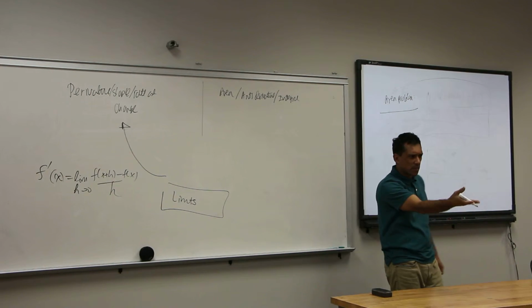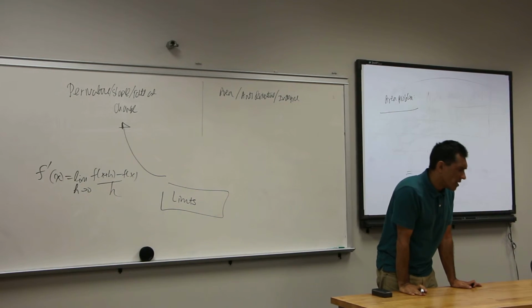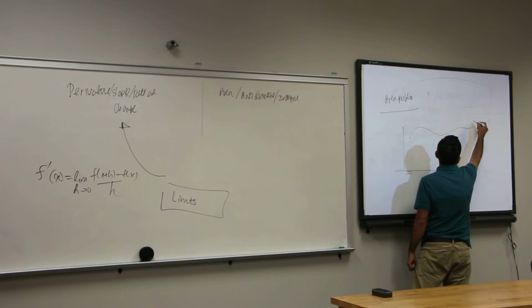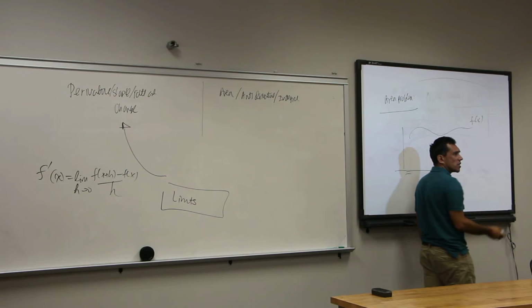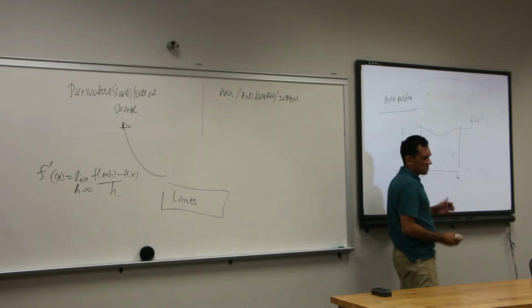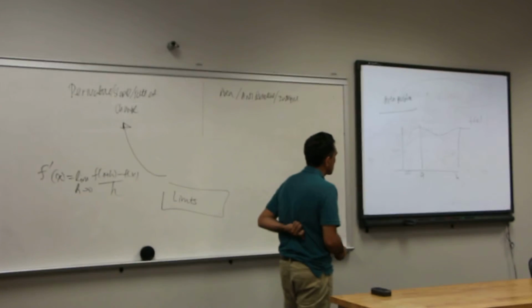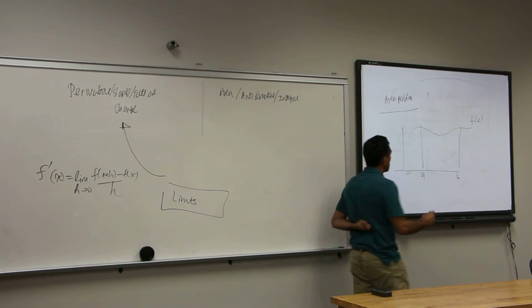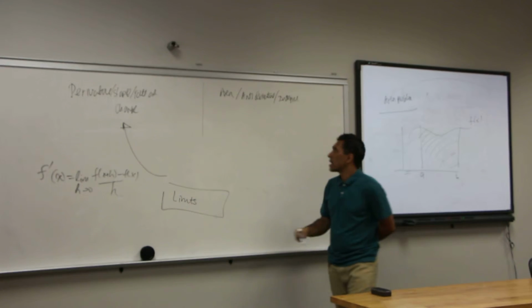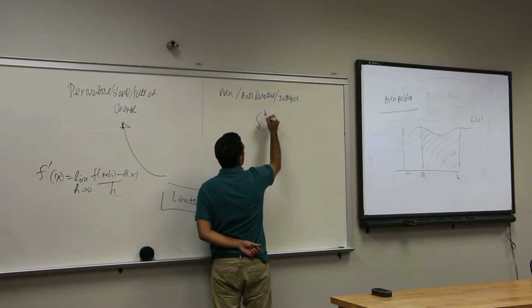So we did some Riemann sums last time, right? Well, what you do is you have some function, and you want to find the area from A to B. Exactly. And we will denote that by this.